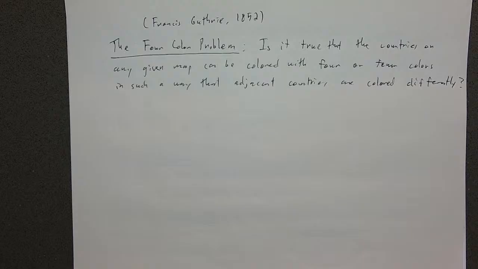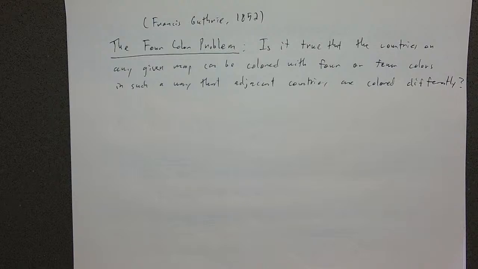But it wasn't immediately seen that this was the case. Basically, De Morgan, I believe, forwarded this problem and talked about it with Hamilton, another name in graph theory that we've seen. Hamilton didn't seem too interested in it. But afterward, De Morgan talked to a bunch of other mathematicians about this particular problem, and other people took up the mantle of trying to prove it.